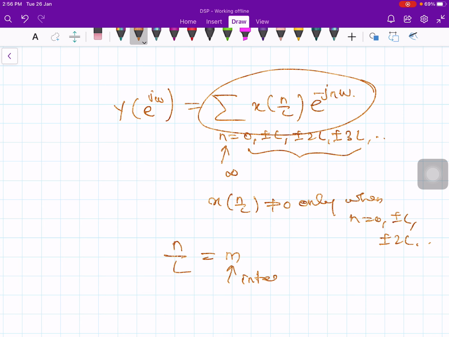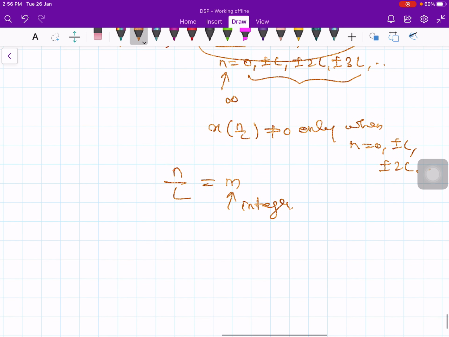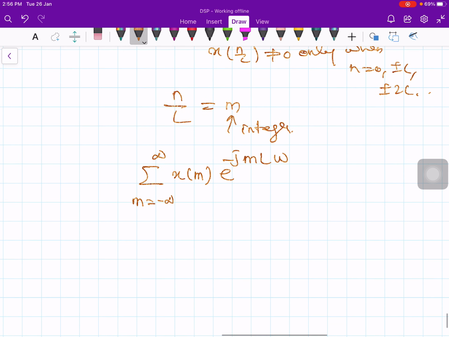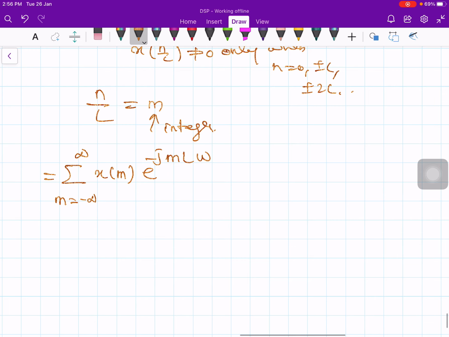Therefore, your summation now becomes x of m e to the minus j m L omega, and now the limit is m equal to minus infinity to plus infinity. Look at the definition.